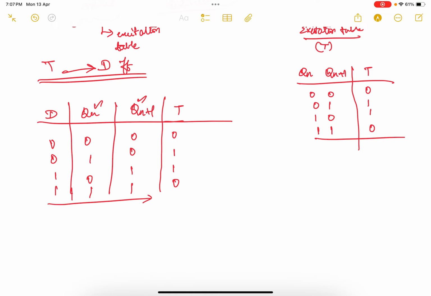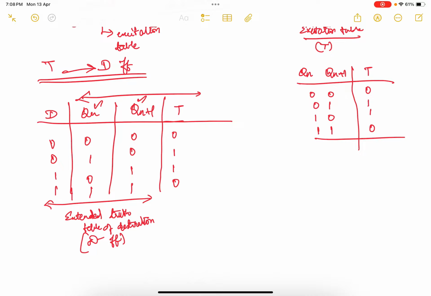This stands for the extended truth table of the destination, which is the D flip-flop, and this stands for the excitation table for the source, the T flip-flop.